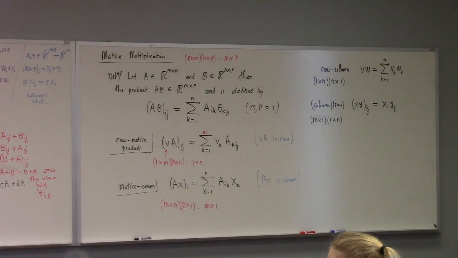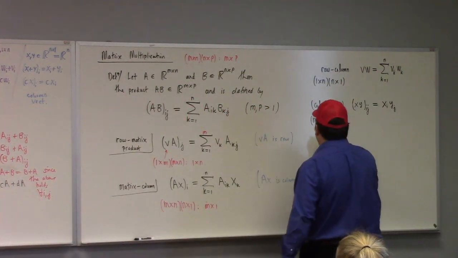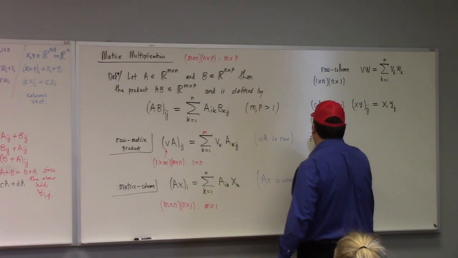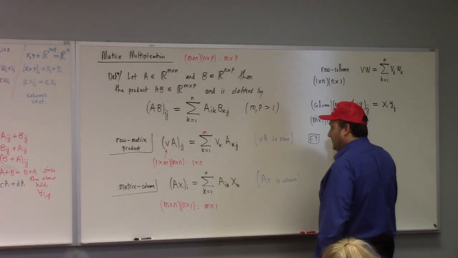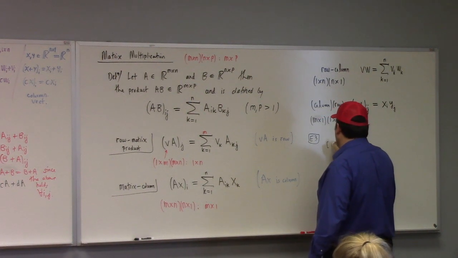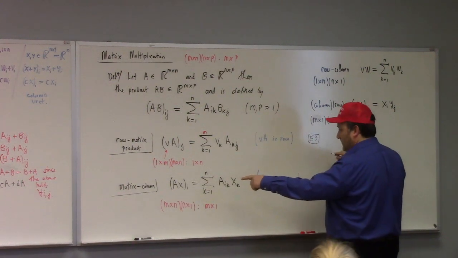So, example 3, let's do a row matrix product. Actually, I'm going to do the matrix times column first because it's more natural to me.